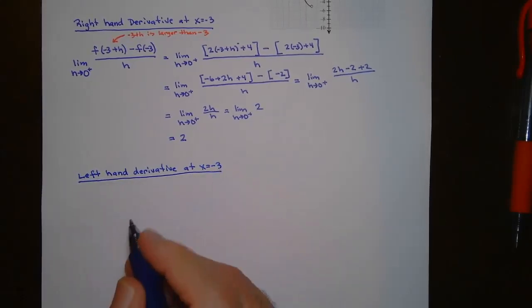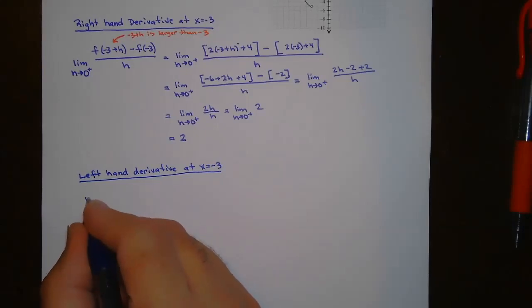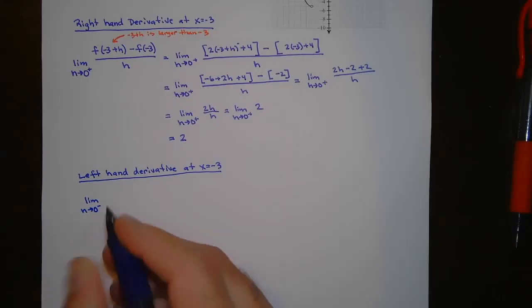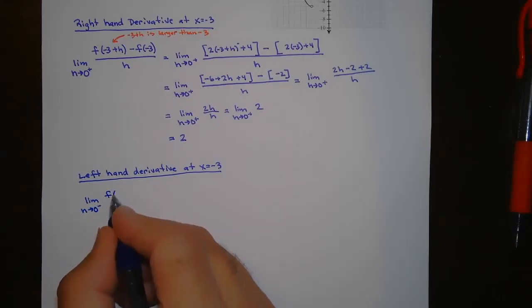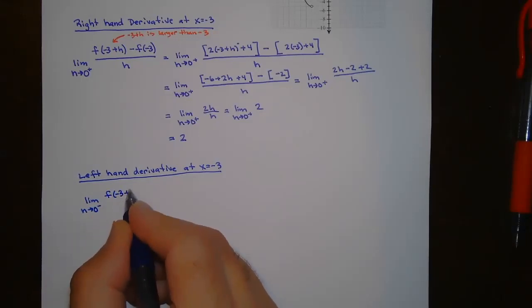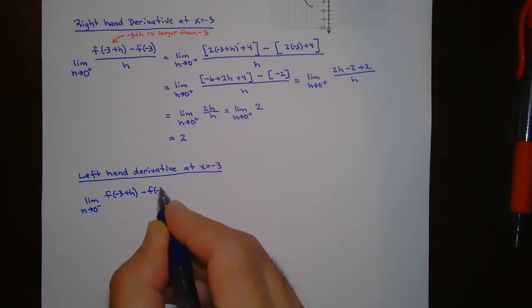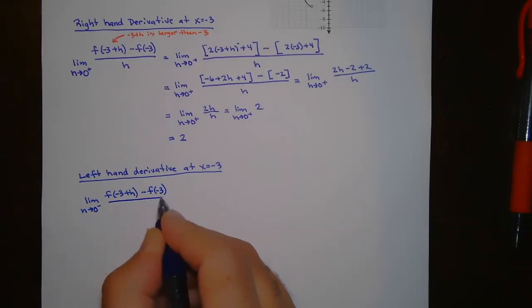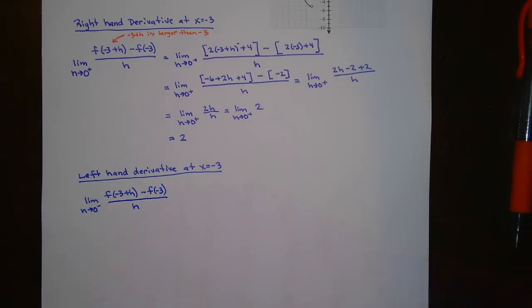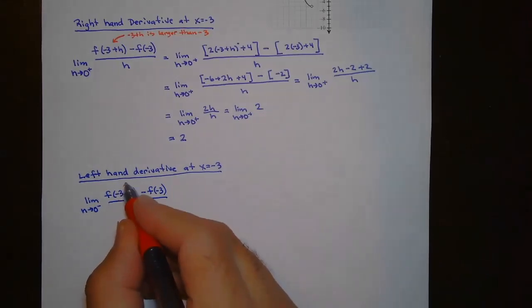Okay, to be a left-hand derivative, we have to do the limit as h approaches 0 from the left of f of -3 plus h minus f of -3 all over h. And I didn't leave myself enough room. I'm going to squish it in here.